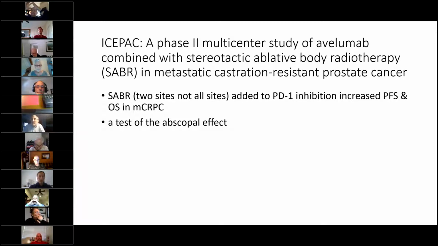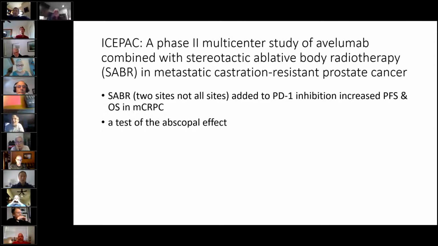Okay, the abscopal effect, well, maybe we have, I thought I saw our expert on the call. Dr. Mark, are you here? Yes, I am. Hi. So the abscopal effect is basically saying that treating the primary, either with radiation or surgery, but in this case with radiation, is going to sensitize and cause a response and reduction in metastatic disease.